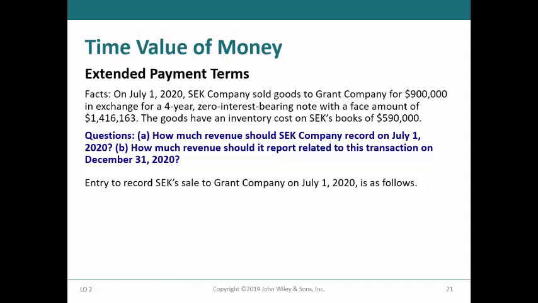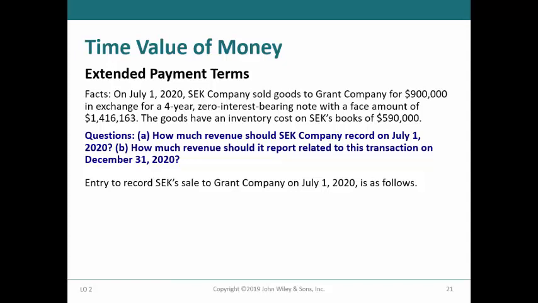The fair value of the goods is $900,000, which means that the difference of $516,163 between the contract price of $1,416,163 and the $900,000 is the financing component.